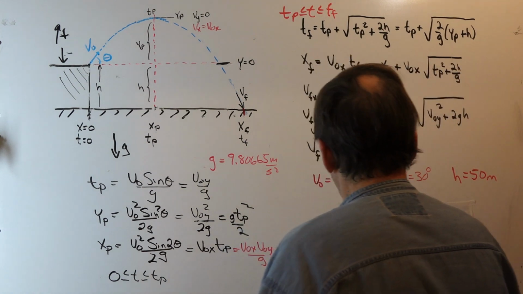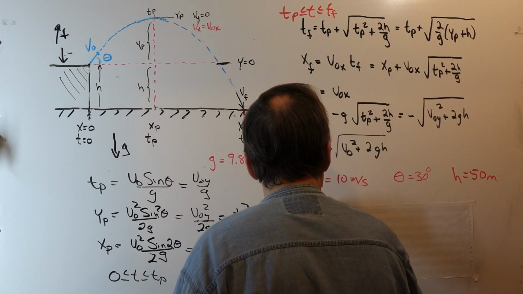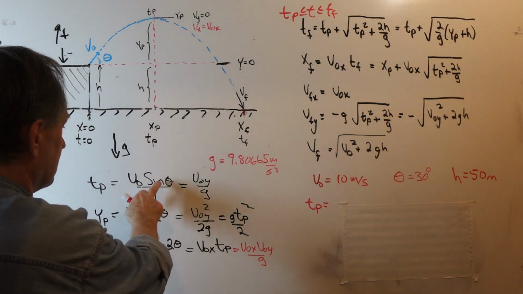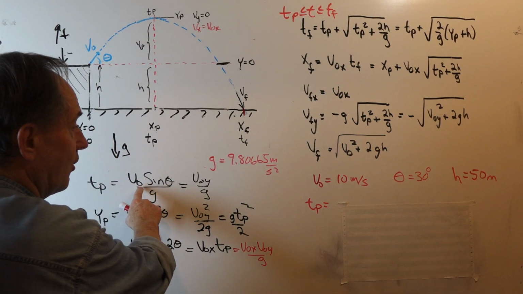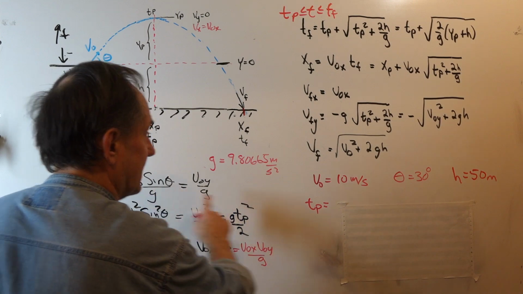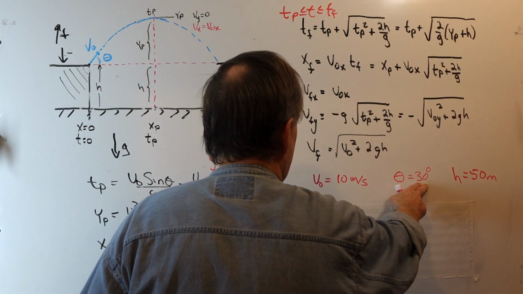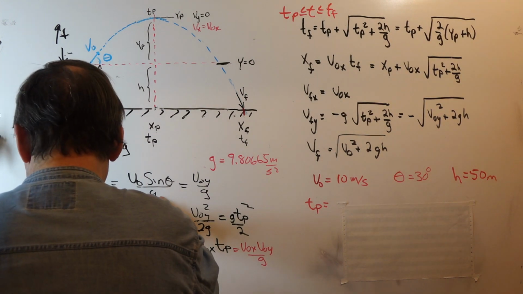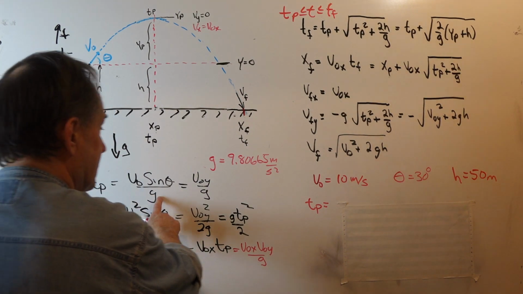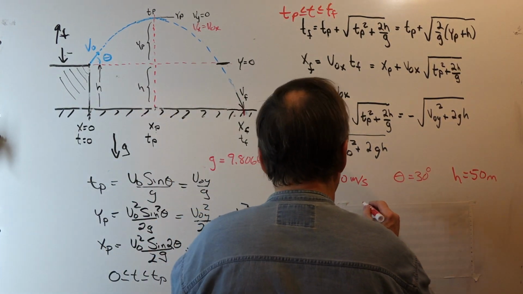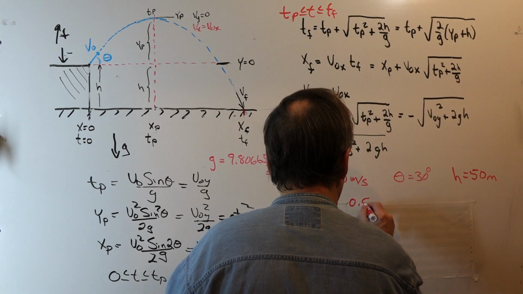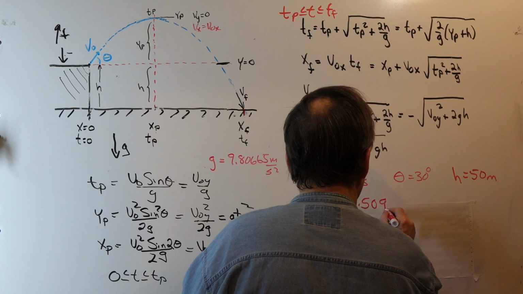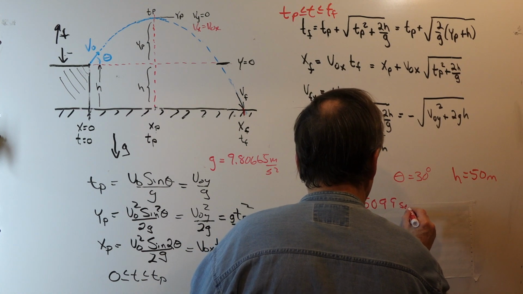If we do that, t peak is just v0 sine theta over g, or 10 times the sine of 30. Sine of 30 is 1/2. 1/2 times 10 is 5 divided by g. So 5 divided by g gives us 0.5099 seconds.